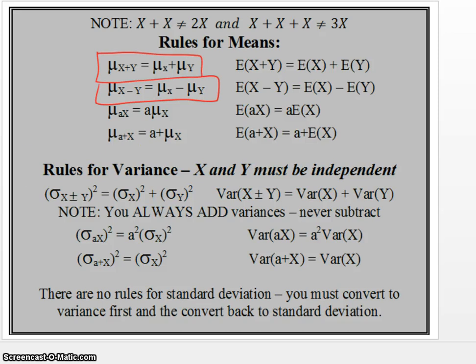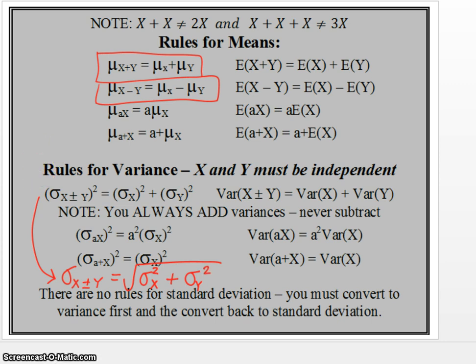Here's how we can calculate our new standard deviations. Well, essentially, we have to work in variance. So if we manipulate this formula, if we actually want the standard deviation of X plus or minus Y, it works the same, then we're going to have to take the square root of the variance of X plus the variance of Y. Again, whether you are adding or subtracting, you always add the variances together.